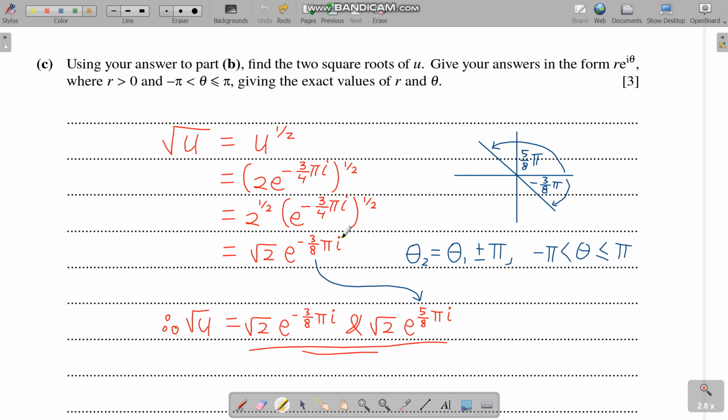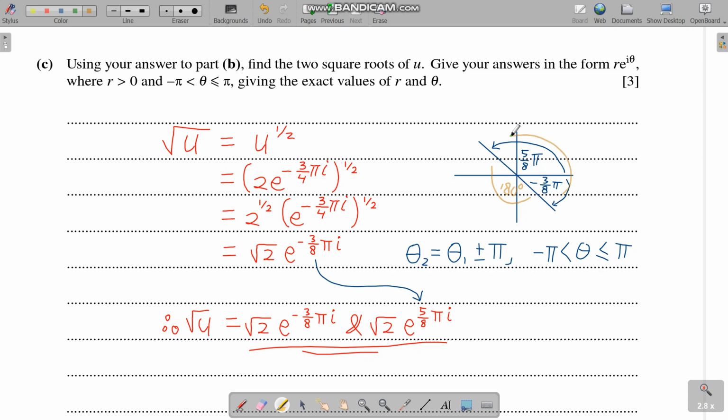Now just draw the first root, it's going to be somewhere around here. If we're taking square roots, the other root must be pi radians apart from the first root, so 180 degrees. So if the first root is minus 3 over 8 pi, the other root must be 5 over 8 pi.